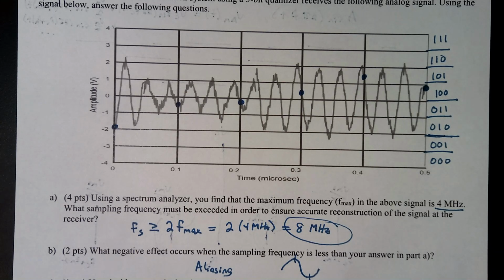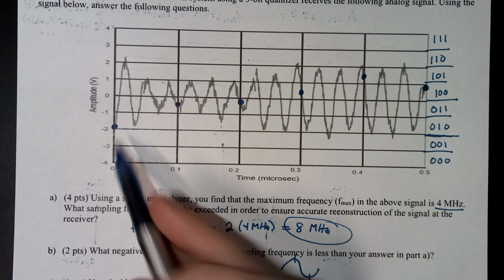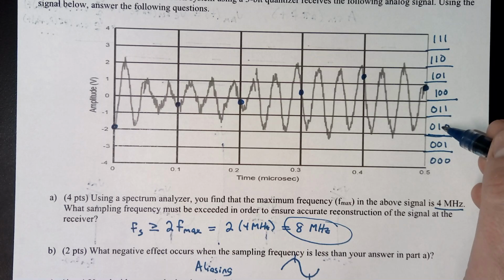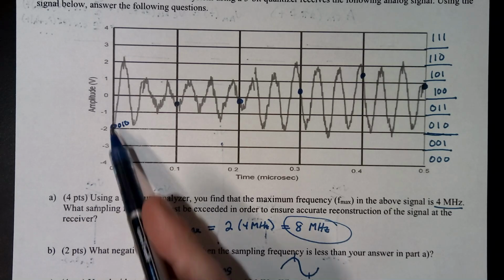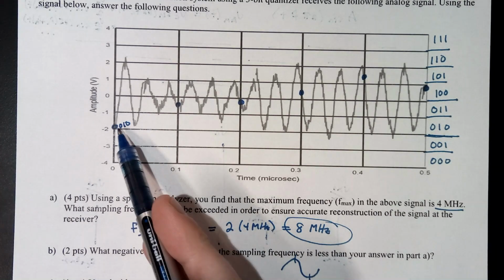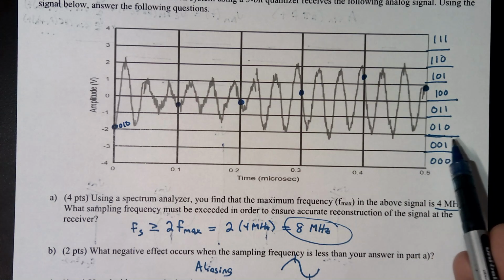So first 6 bits of binary output means we need to look at our first 2 sample points. So we're going to look here, and this sample point is in the 010 range, right? So we just find which set of values this is between, look over on the other side of the graph, and that gives us our value in binary.